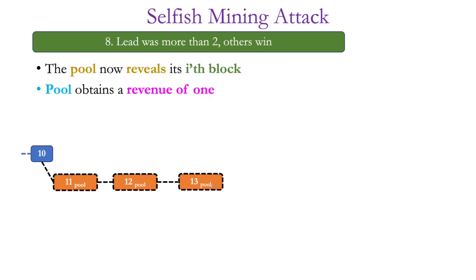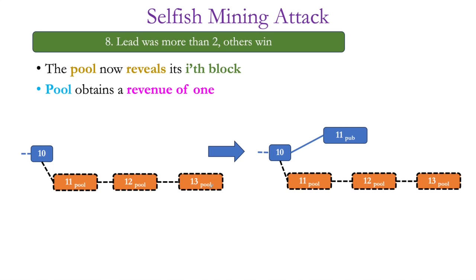And suppose the lead was more than two blocks on the pool side, so they have more than two blocks. In that case, the honest miners decrease the lead, and it remains at least two.